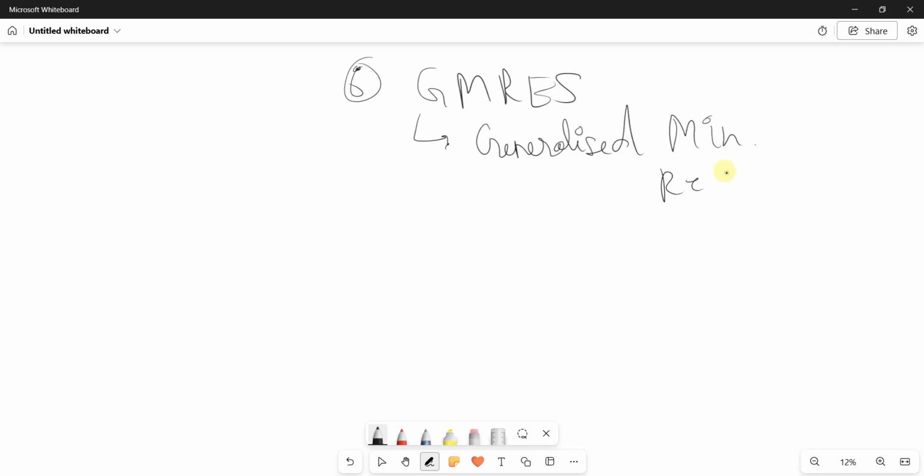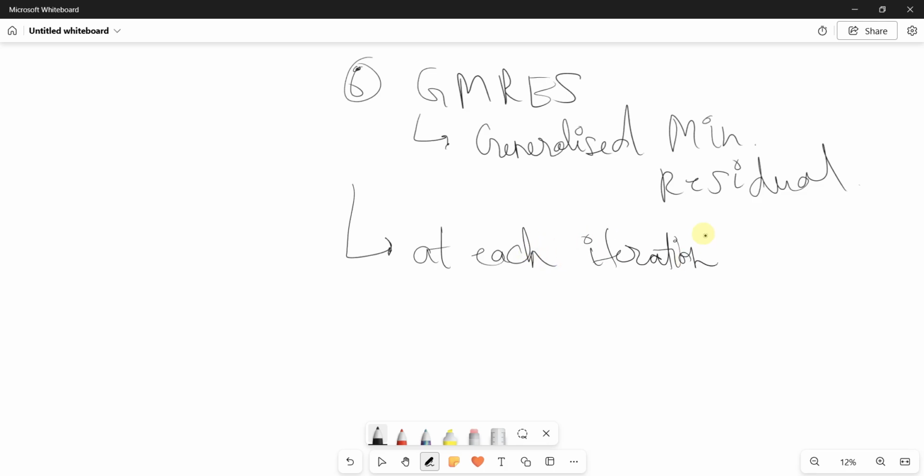This is just a tag along on the Krylov solvers. In Krylov solvers, once you have solved all the equations, after all iterations you reduce the residual. What GMRES does is, at each iteration, you try to reduce the residuals.